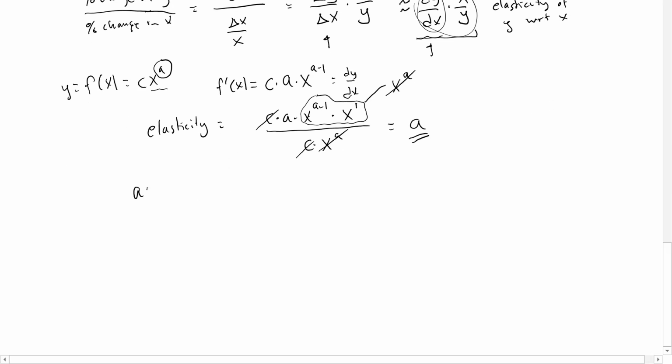If a is, for example, 0.5, it means that when x increases by 1%, y will increase by 0.5% approximately. If a is minus 2, then when x increases by 1%, y will decrease by 2% approximately, and so on.